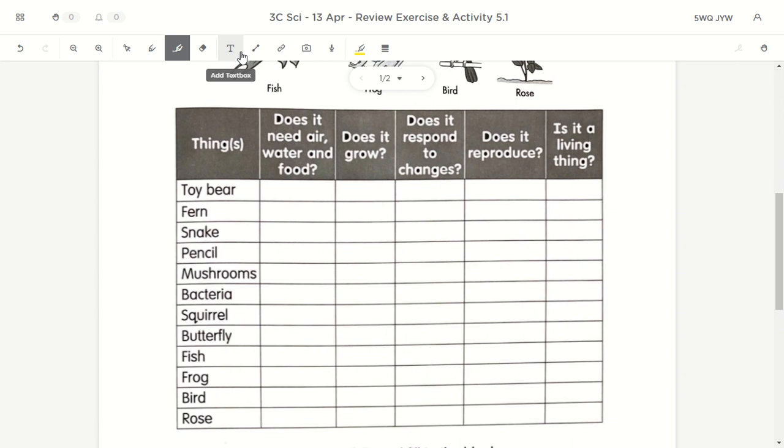All right, I'm going to use a red pen. Let's go one by one. I'll do it pretty fast because they are quite straightforward. You realize that for all these first four columns, does it need air, food, and water? Does it grow?